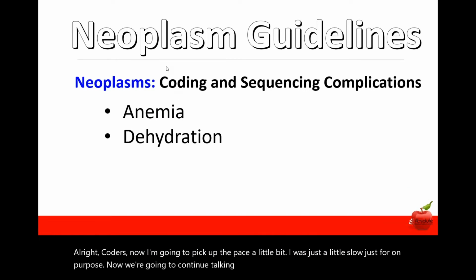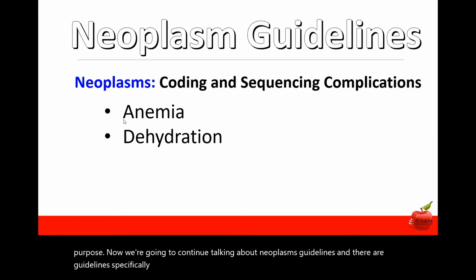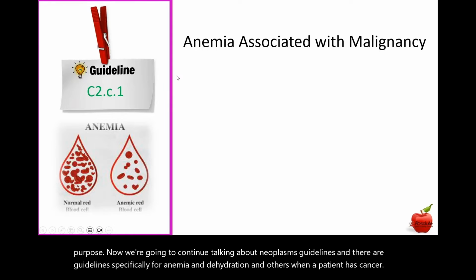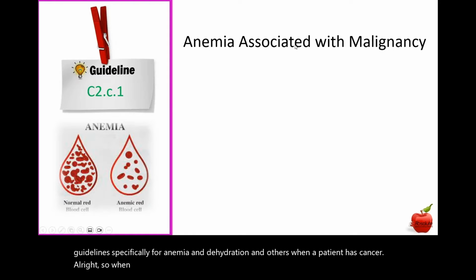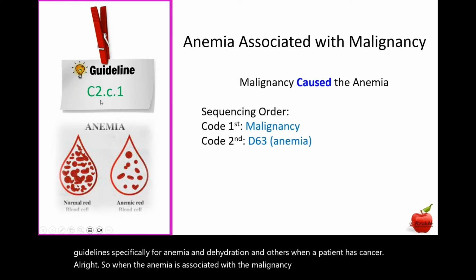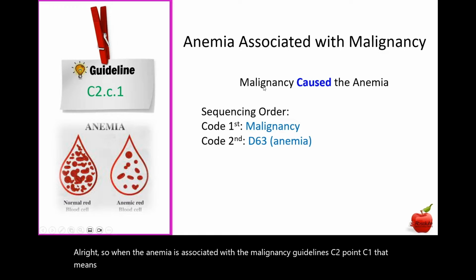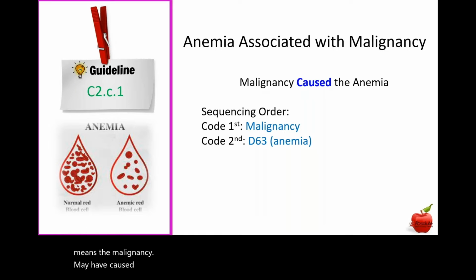Talking about neoplasms guidelines, there are guidelines specifically for anemia and dehydration and others when a patient has cancer. When the anemia is associated with the malignancy, guideline C2.C1, that means the malignancy may have caused the anemia.